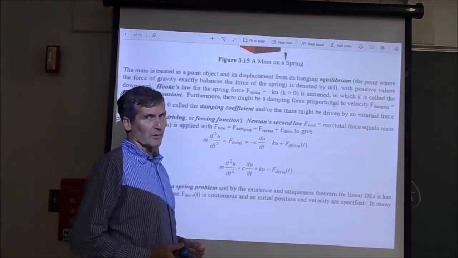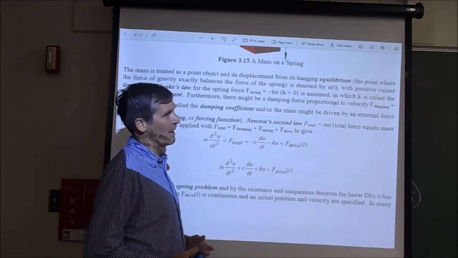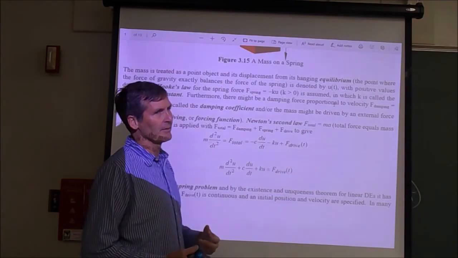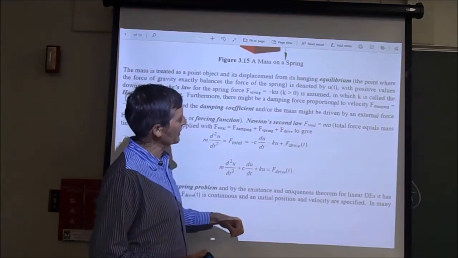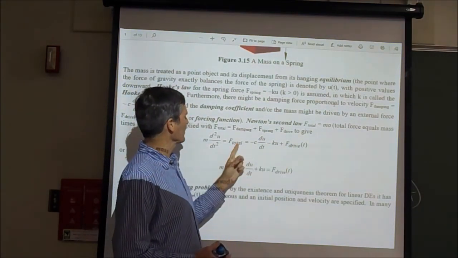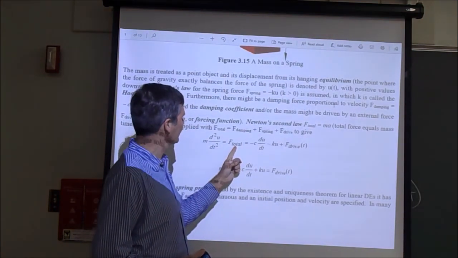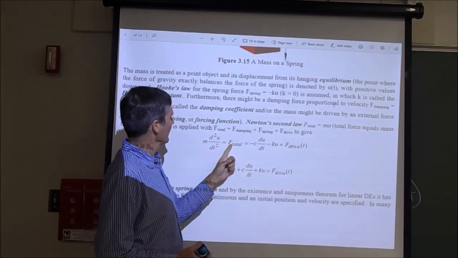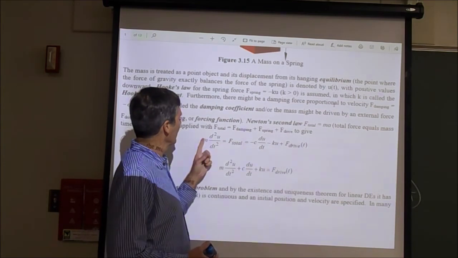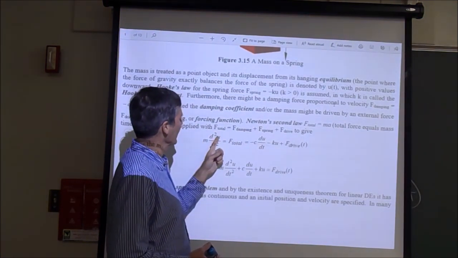Finally, we might have some sort of driving force. It depends only on time. We've got a little motor attached, or a little rocket booster on it or something. Then the total force on the mass, by Newton's law, is mass times acceleration, the second derivative of position.